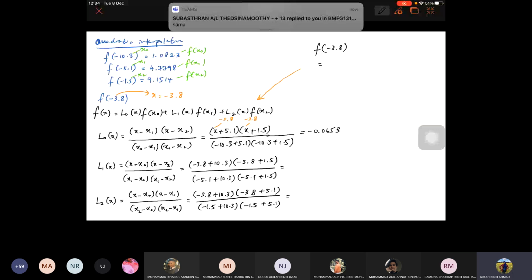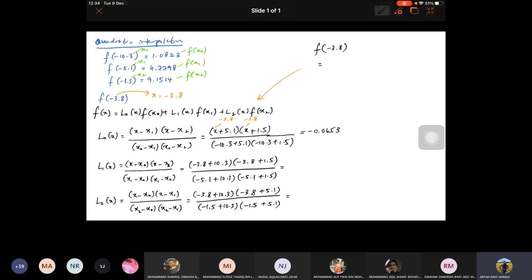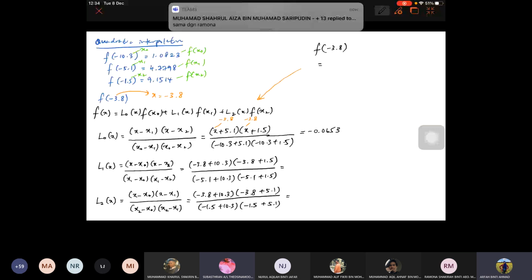Ada yang dapat 0.2667? Yang sama dengan siapa? Cuba cek balik jawapan mana yang betul. 0.7986 or 0.2667? Ya, 0.2667 L2. Oh, ni yang L1. L1. Okey, thank you.